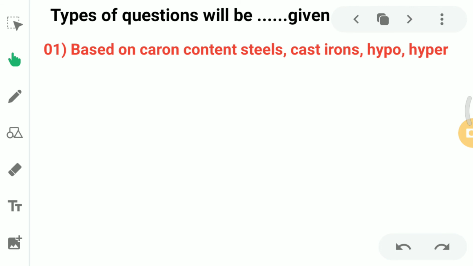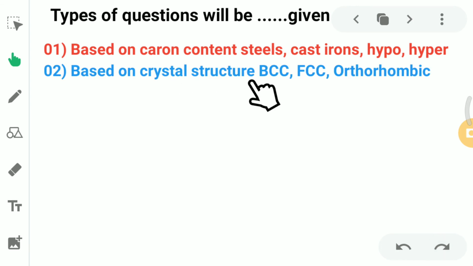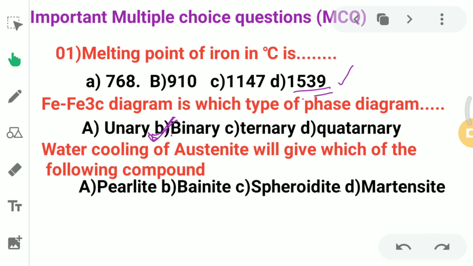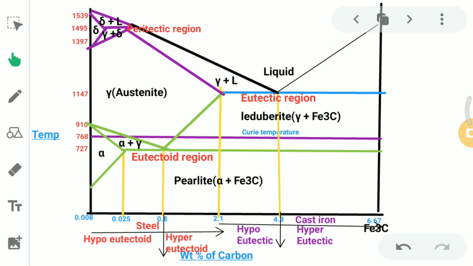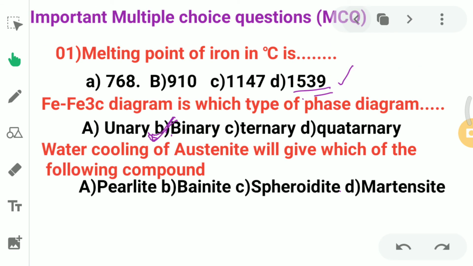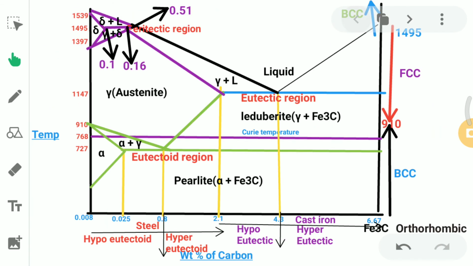And coming to the second type of question, based on crystal structure. Crystal structure means which crystal structure it will have. Ferrite has which kind of crystal structure, whether it is BCC, FCC or HCP. As shown here, up to 910 degrees, whatever the material, it will be in BCC crystal structure only, friends.